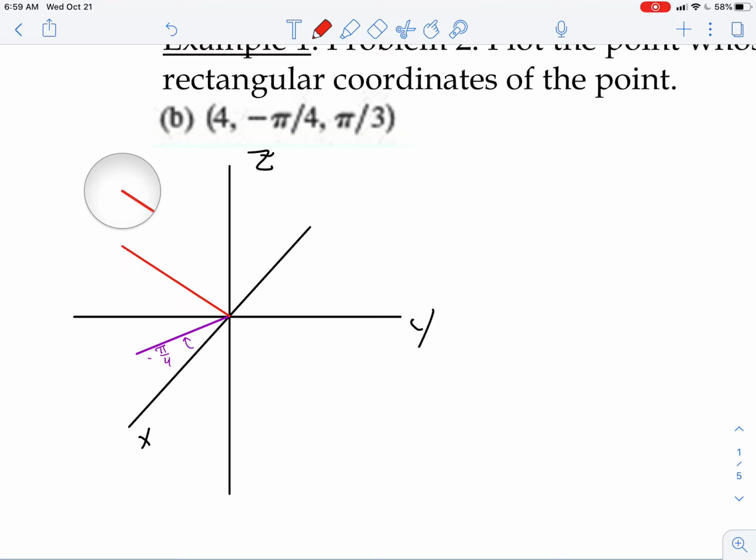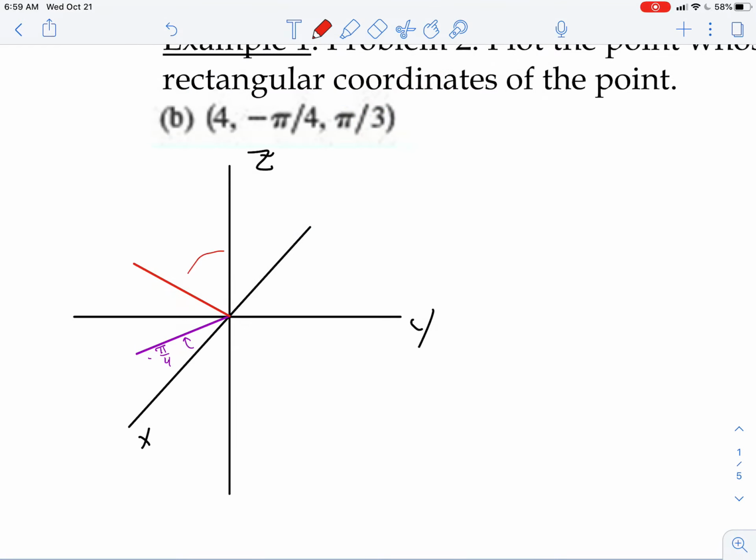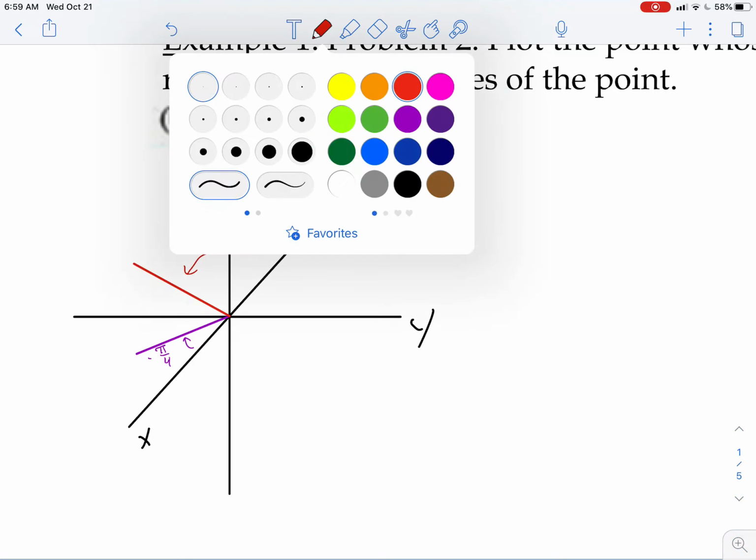We're still going to be a distance from the positive z-axis, so that's why it's going to be positive, and pi over 3 is going to be about right there. So that's going to be a rotation of pi over 3.